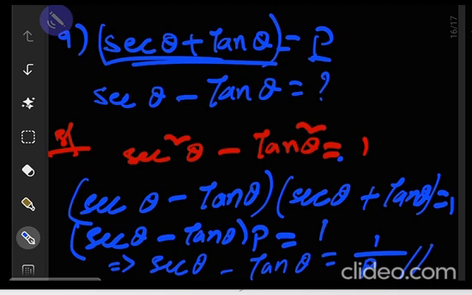This is in the form of a square minus b square, so I'm writing it as a minus b into a plus b. Here secant theta plus tan theta is given as p. So substitute p here and send the p to the other side. So we'll get the required one. Right?